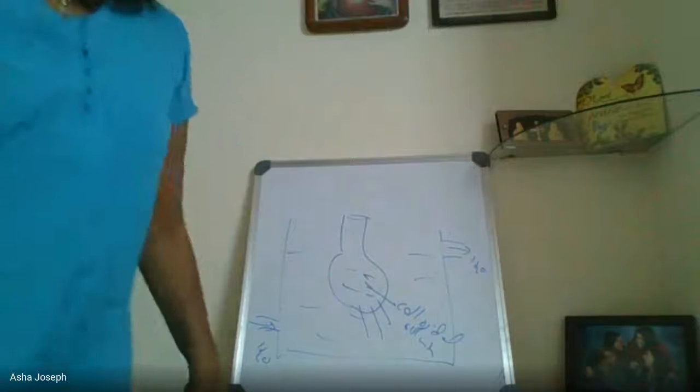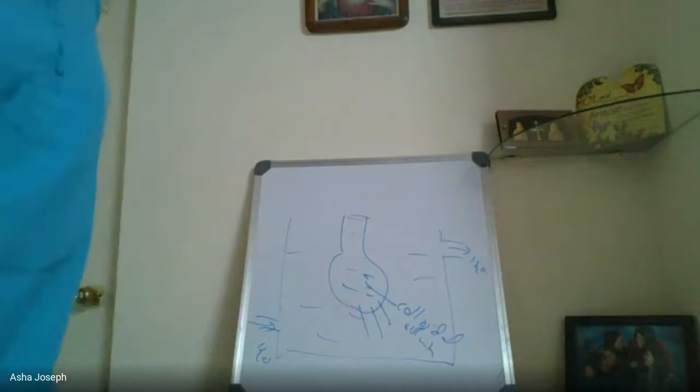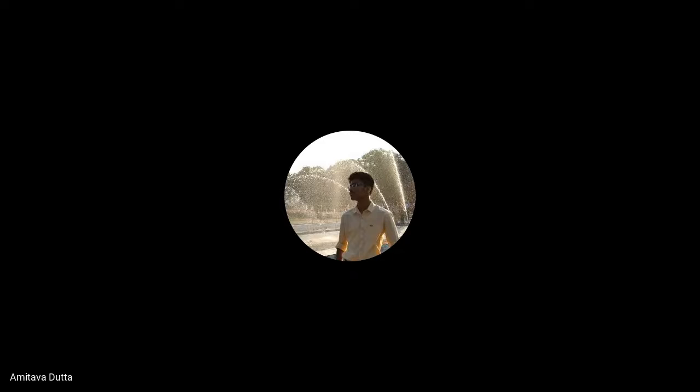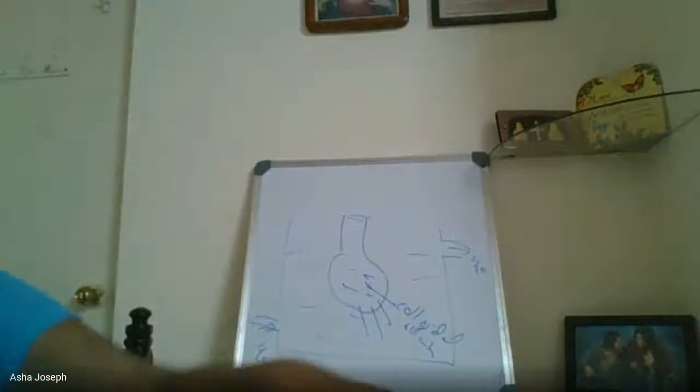Okay, got it? Any doubt? This whole bag is made up of membrane. In the textbook it is like the shape of a bottle, isn't it? Anyway, any shape you can take. Understood the concept?